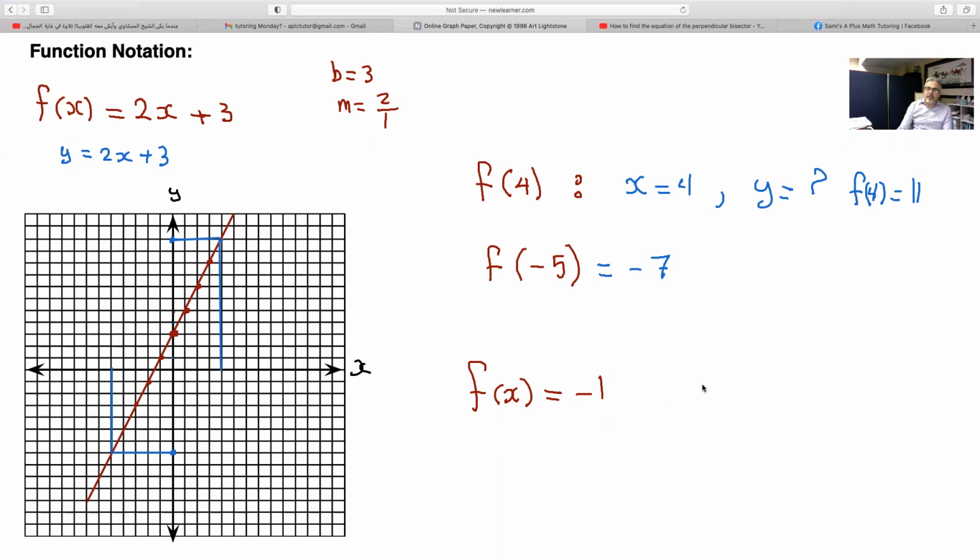So basically what they tell you, y here is -1. What does x equal? So therefore, you got to go now to where y equals -1. And y equals -1 is right here. And you're just going to draw a line this way. And then when you hit the graph, you're going to go up this way. And that's your x value right here that you're looking for. So x will be -2.